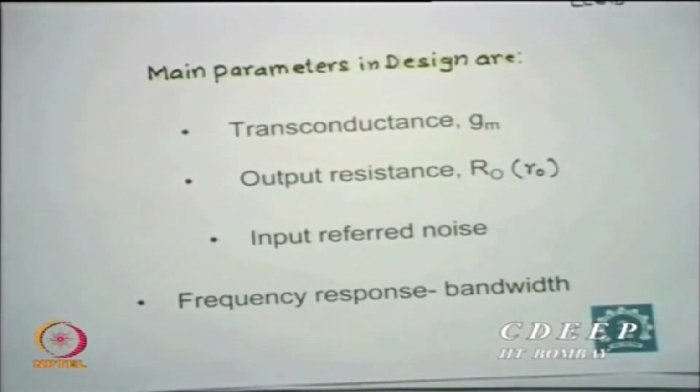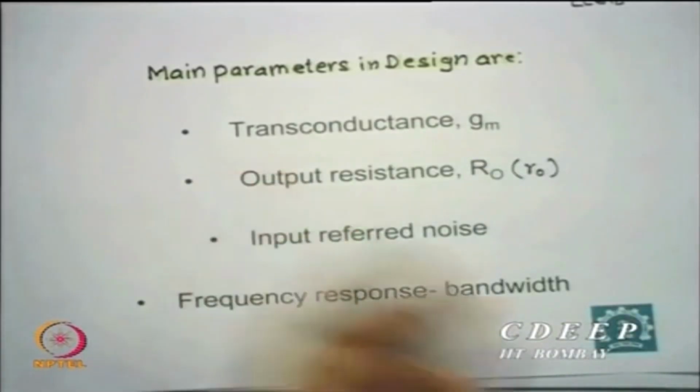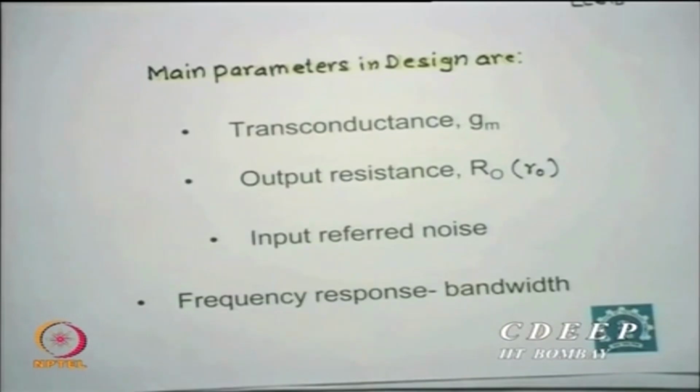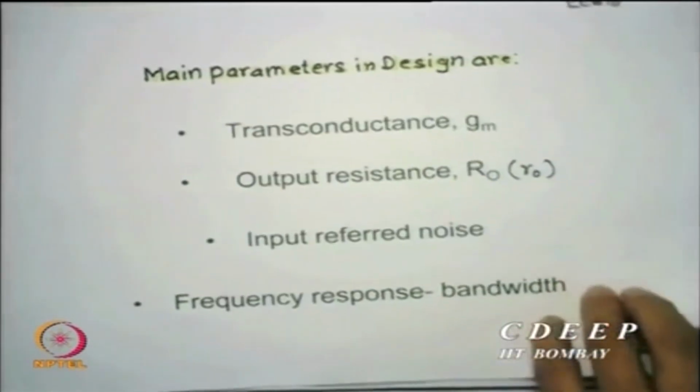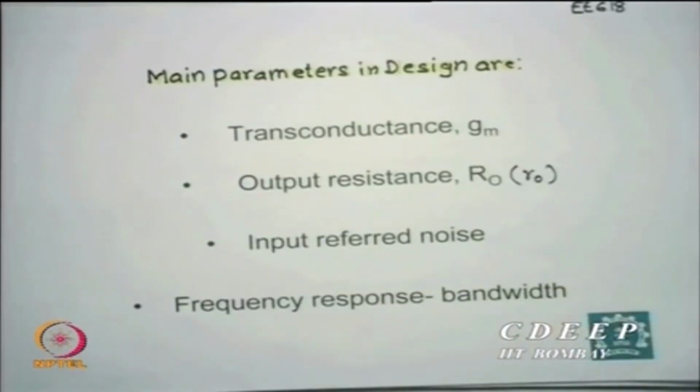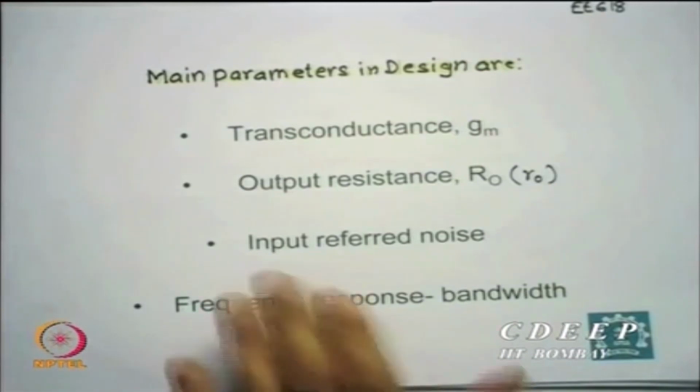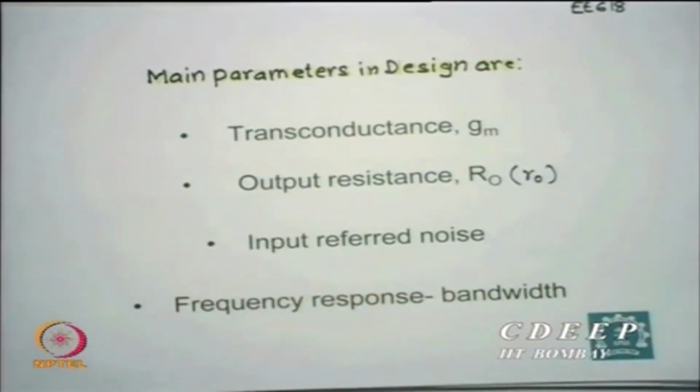So having said so, the second parameter of interest for me is the output resistance of the transistor or the amplifier, which is R0. And the third and the most important for analog is the noise, and the word I keep using, very important when we come to noise, is input referred noise. Though noise can be at any node, we call it input referred noise, and that is a very major criterion of design.